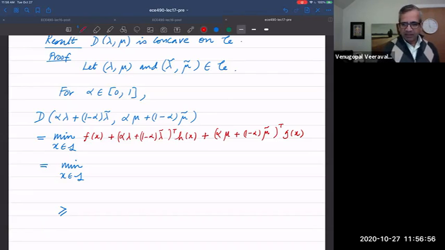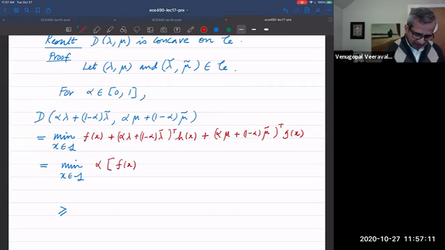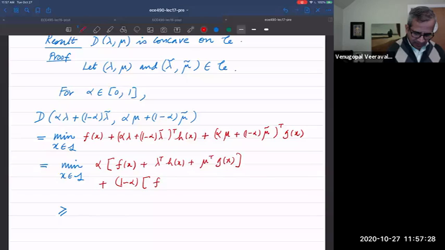So now, if you look at this minimum, this is all linear functions. So I can write this as the minimum of alpha times f(x) plus lambda transpose h(x) plus mu transpose g(x), plus (1 minus alpha) times the same thing with the tildes.